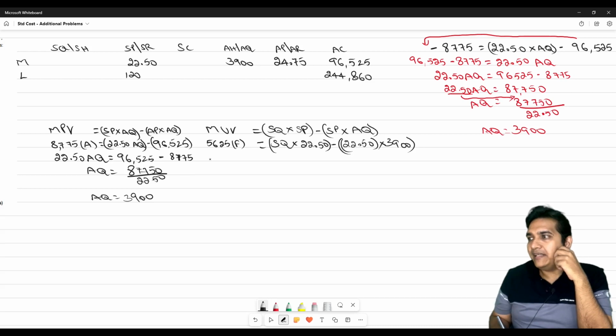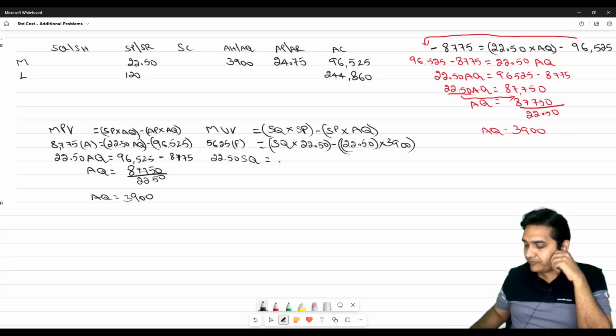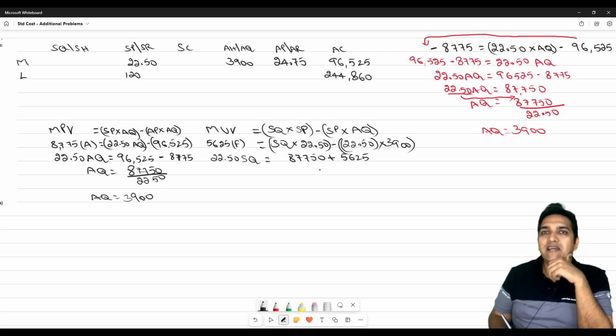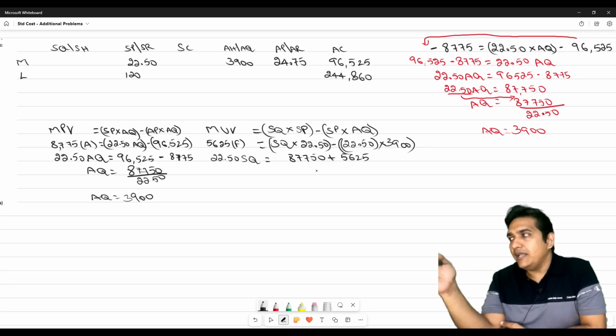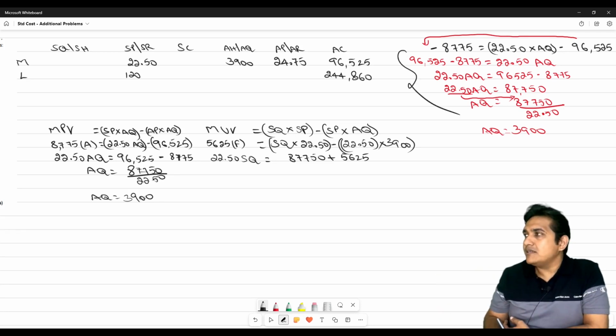So simplifying this, we get 22.50 standard quantity is equal to 0.5 into 3,900, 87,750 plus 5625. Now again, how did I get this equation? You have to follow these steps, you will get it. It is simple mathematics, you should know by now.